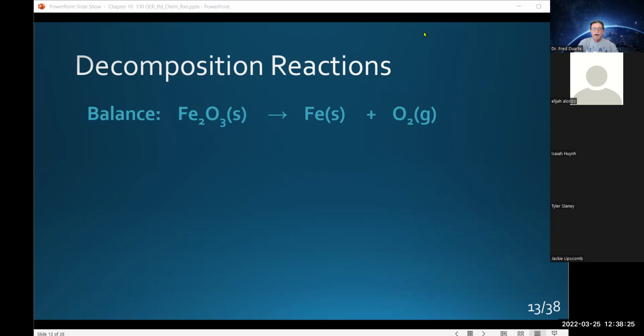And then we take the iron and add a little carbon to it and make steel. All right, so note the relationship here. We have a compound. We break it down to the elements of iron and oxygen, okay? Decomposition reaction.